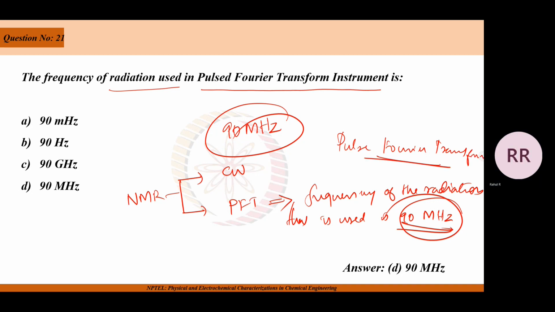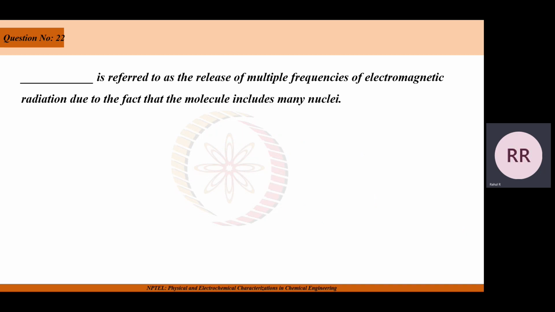Okay, now let us go to the next question, which is: dash is referred to as the release of multiple frequencies of electromagnetic radiation due to the fact that the molecule includes many nuclei. Suppose your material consists of n number of nuclei. So there will be a corresponding release of multiple frequencies of electromagnetic radiation.